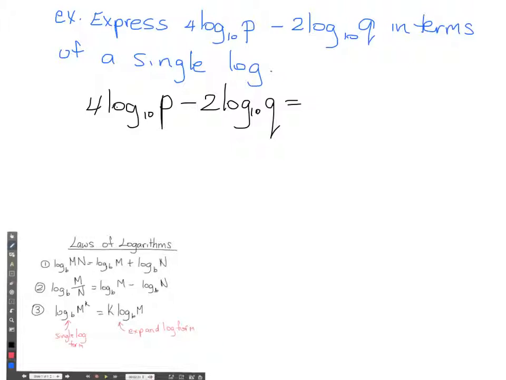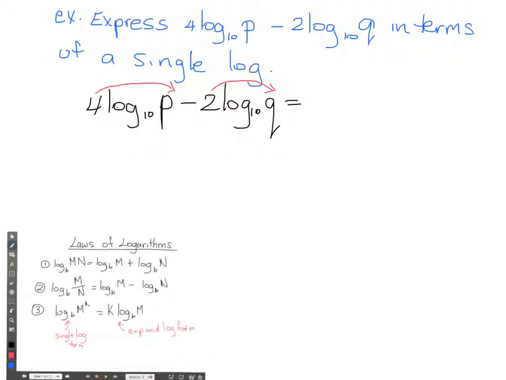All right, so first thing that we want to do, if we want to get it over to the single log, we want to make sure that there is no coefficient here. So the coefficient turns into an exponent when we change it to a single log. So we're taking this 4 and we're turning it into an exponent, and we're also going to take that 2 and change it to an exponent.